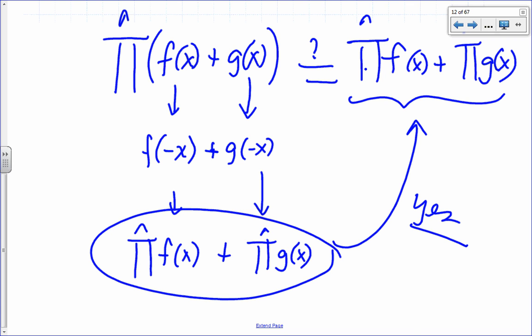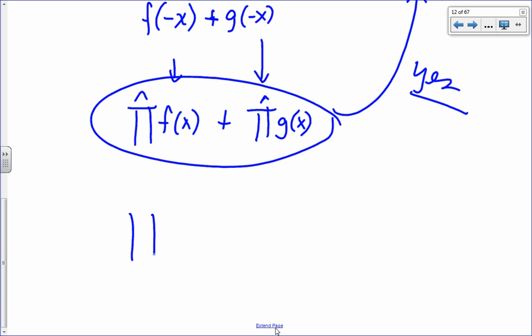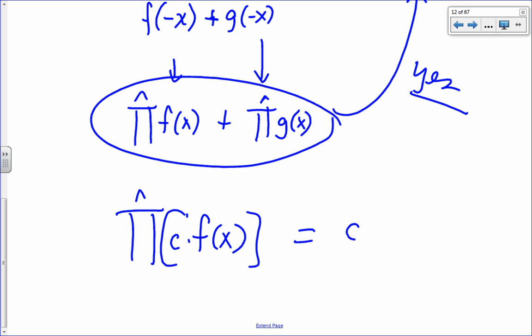So what about the second condition? That should be straightforward. The parity operator operating on a constant times a function of x: is that equal to a constant times the parity operator operating on f of x? It should be.